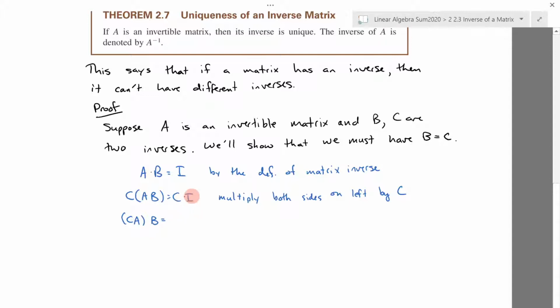Anything times the identity just gives back the matrix, so C times I, the identity, is just C.